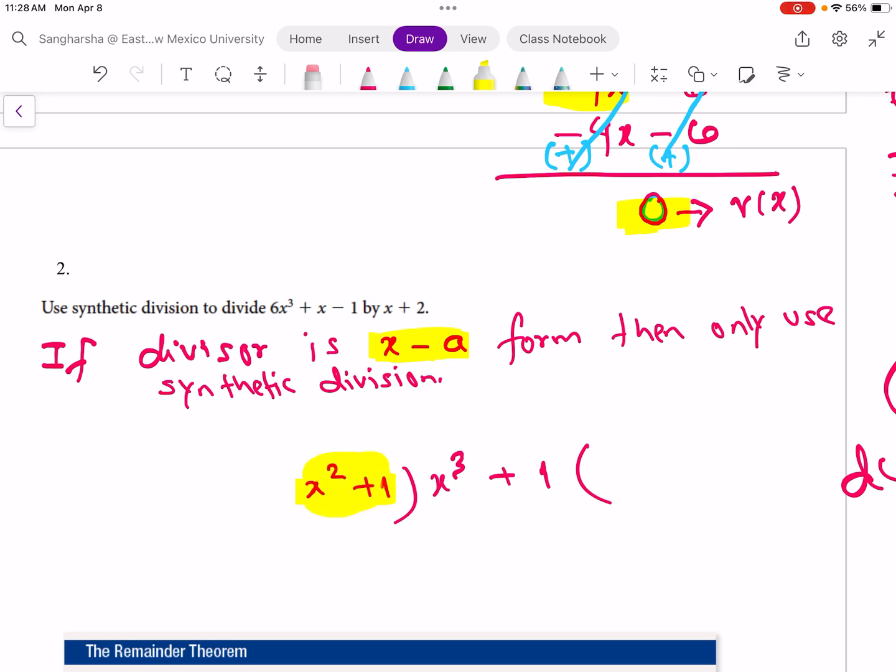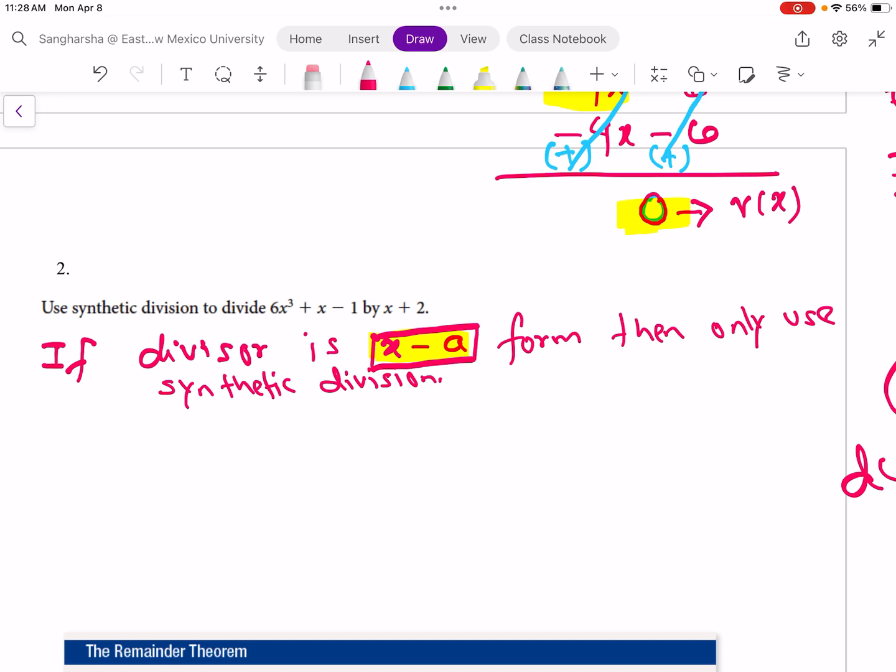Now if the degree of the divisor is 2, then we can't use synthetic division. We have to use long division here. We use synthetic division only when your divisor is of the x minus a form. If the divisor looks similar to x minus a, then only we use synthetic division.